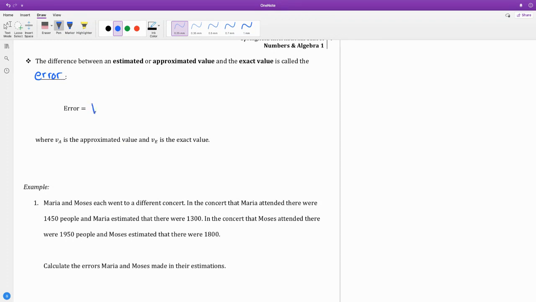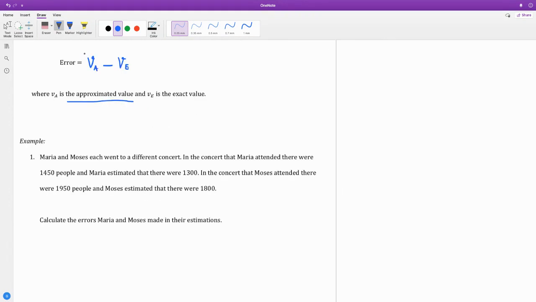So it should be the absolute value of VA minus VE, where VA is the approximated value or our estimation, and VE is the exact value.